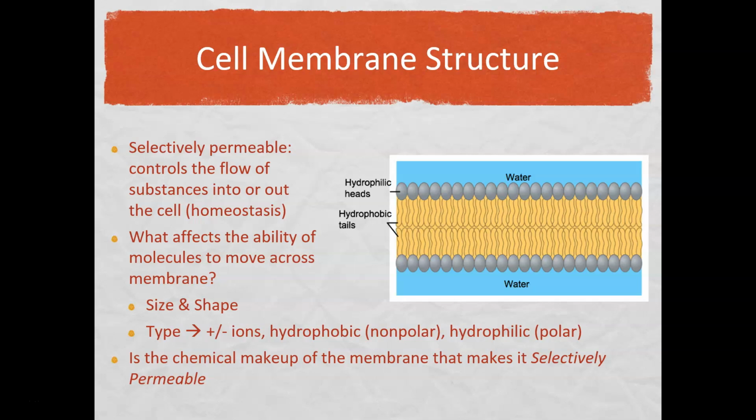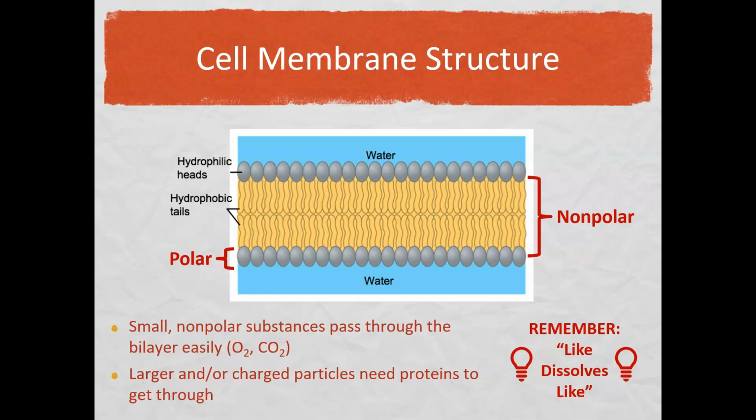And so it's the chemical makeup of those molecules that I'm trying to send through the membrane, as well as the chemistry of those phospholipids as a whole, that makes this membrane selectively permeable. It has sort of, quote unquote, this ability to choose what goes through and what doesn't based on whether or not the molecules I'm trying to get through the membrane are able to interact with those fatty acid tails.